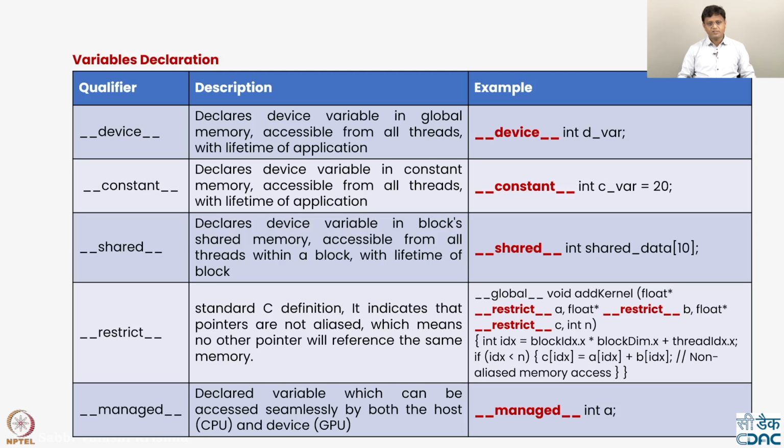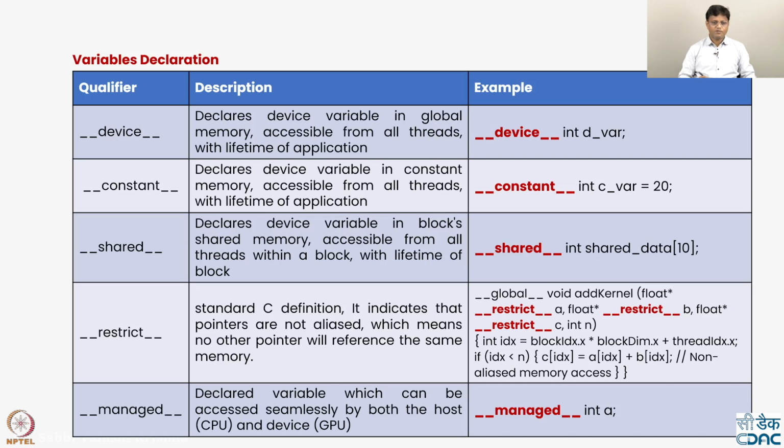These qualifiers basically indicate the presence of that particular variable, like whether that variable will be on the CPU, or in the GPU's memory, or on both.